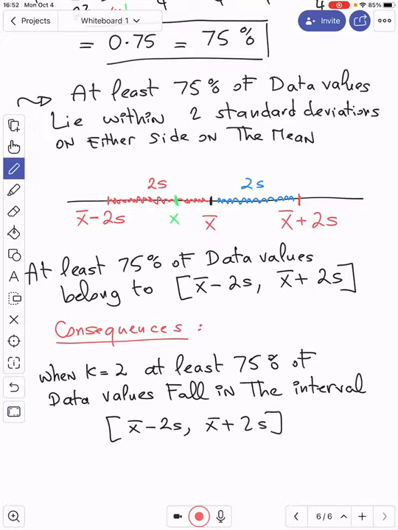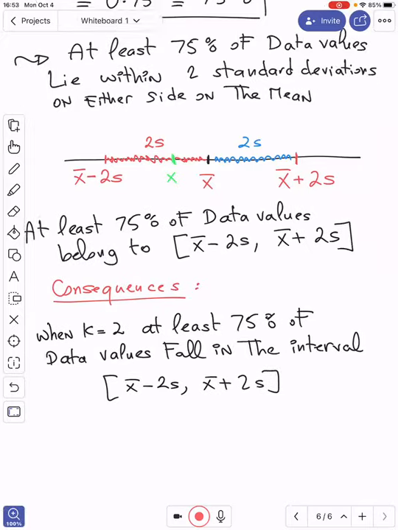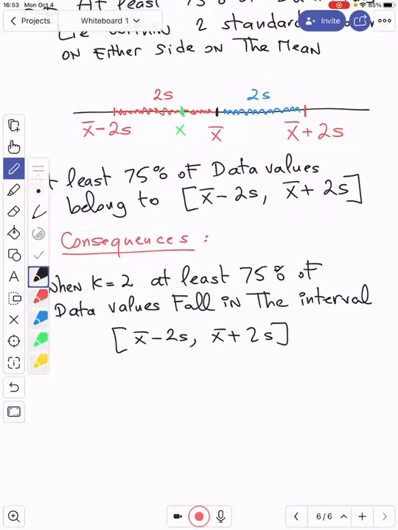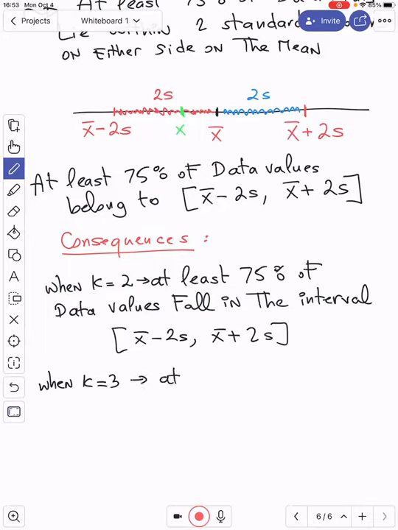Now, if k is 3, for example, then you can compute this 1 minus 1 over k squared. When k is 3, that will be 88.9%.